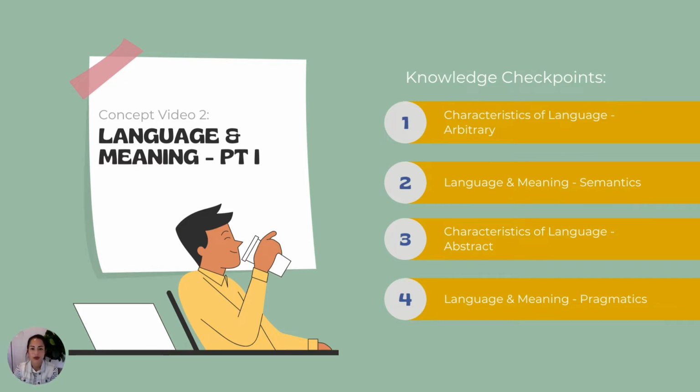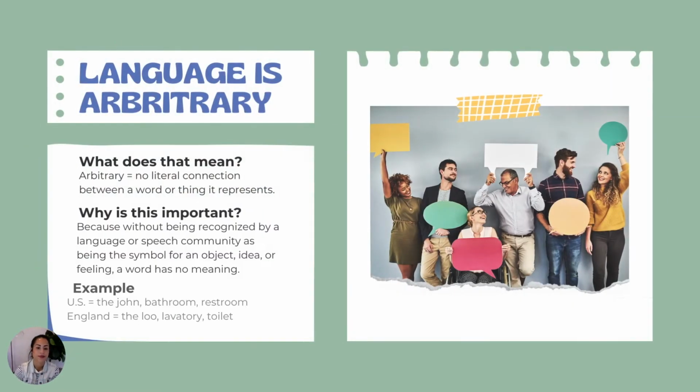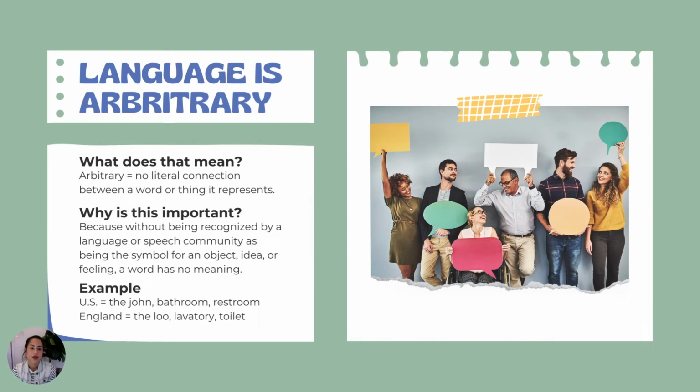So let's start with characteristics of language being arbitrary. So what does arbitrary mean? Arbitrary just means that there's no literal connection between words and the things they represent.